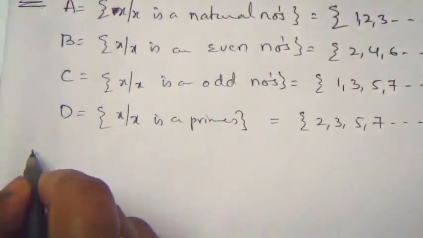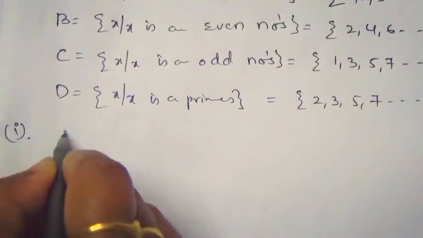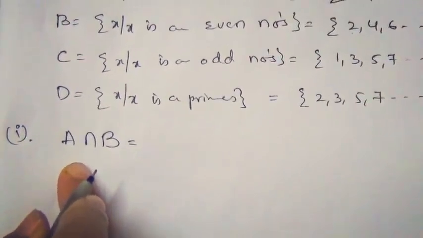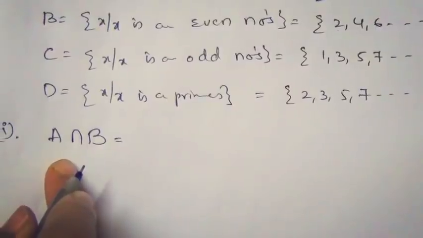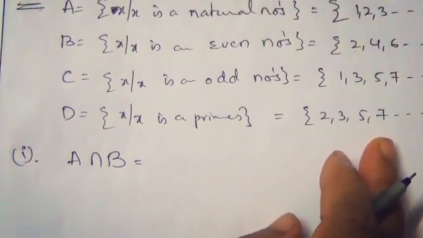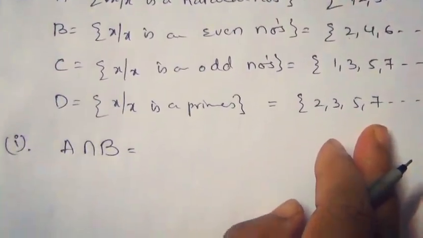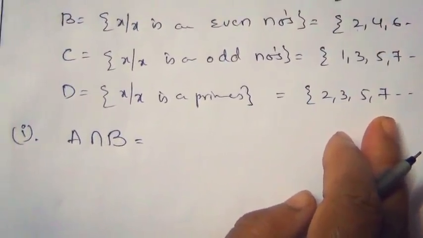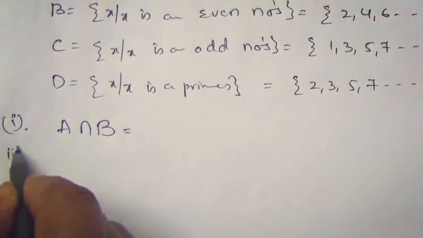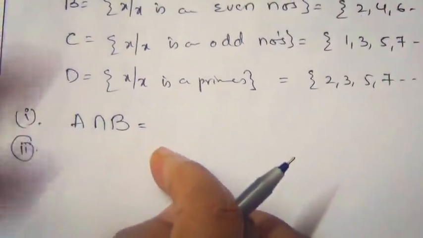Then you have to find this A intersection B. Intersection means the common elements you have to choose from these two sets, right? I think so many examples I showed you, so many try-this problems, all we did here. So I think you will do this problem. You just do it and comment the final answer.